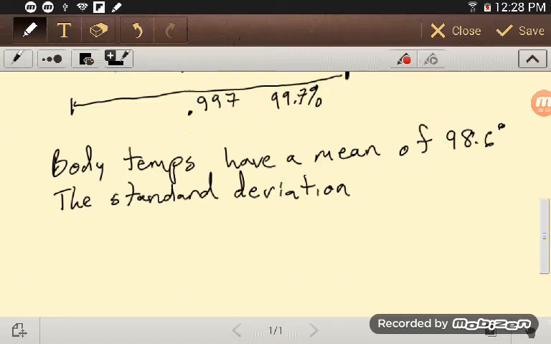But let's say it's half a degree, or yeah, we'll say half a degree, is 0.5 degrees. Okay, now what can I tell you then?